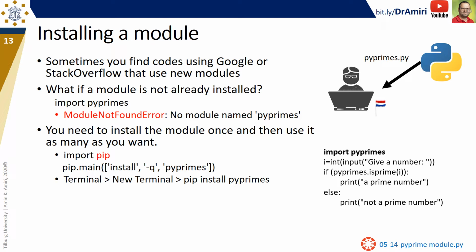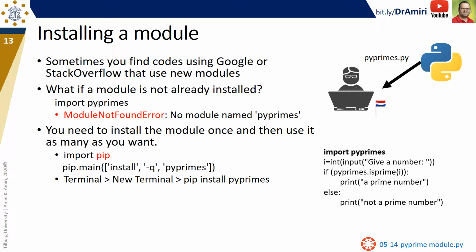So how can you install that? You can write a code inside your Visual Studio Code and run it just once, and then you are fine for as long as you have that computer. So you write down import pip and then pip main install q and pyprimes, and that will allow you to install the module.